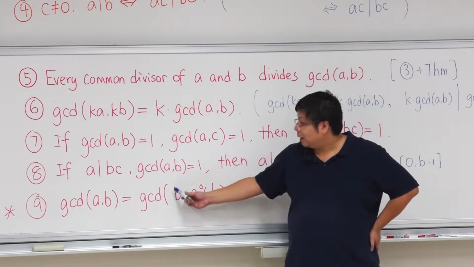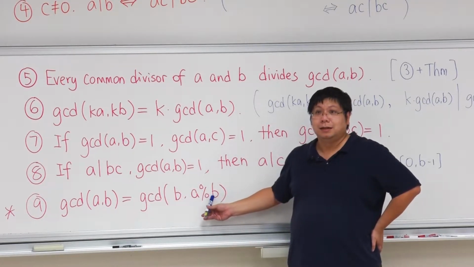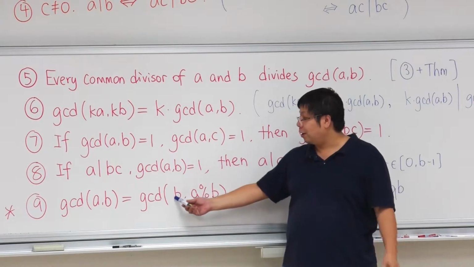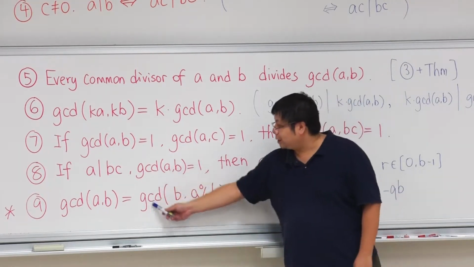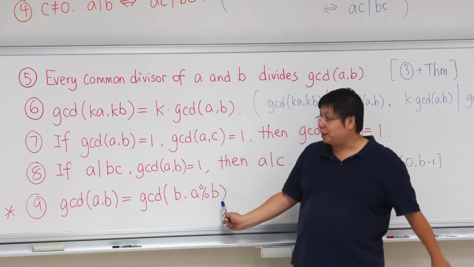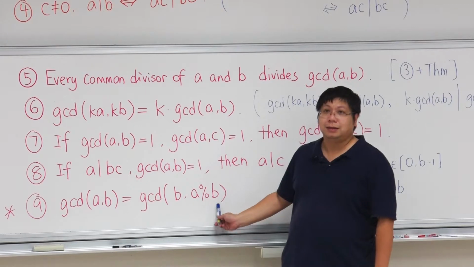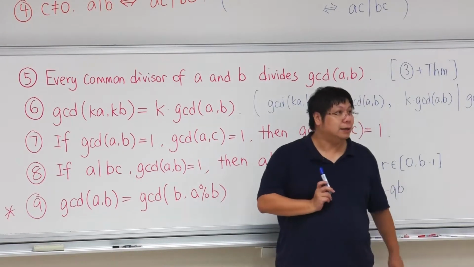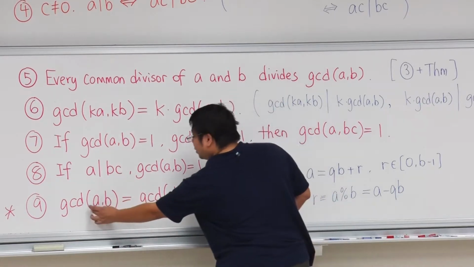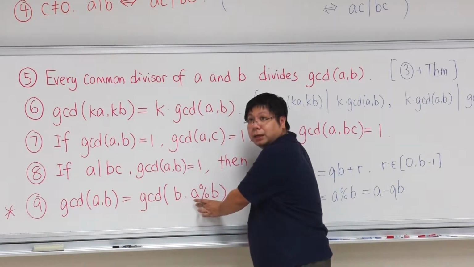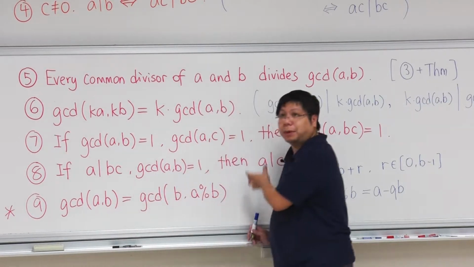And GCD of A and B is a linear combination of A and B, so it divides both of these. You can use A and B to create B. You can use A and B to create A mod B. Then in that case, GCD of A and B will divide this part.